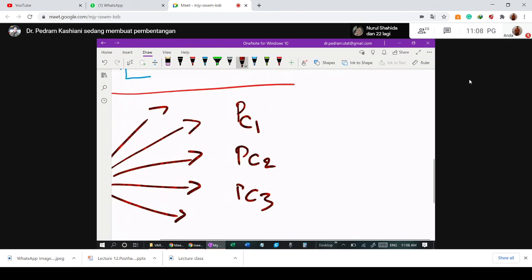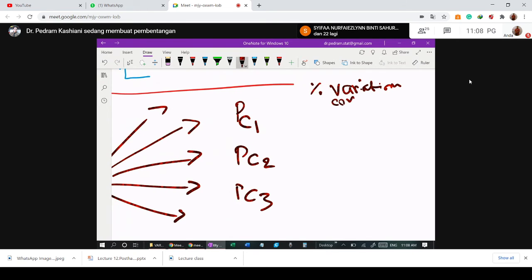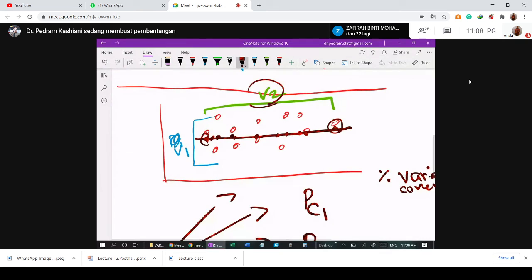And this is the percent of variation covered. If you use PC1, how much of the total variation is covered? For example, of the total variation, V2 is 70%, V1 is 30%.